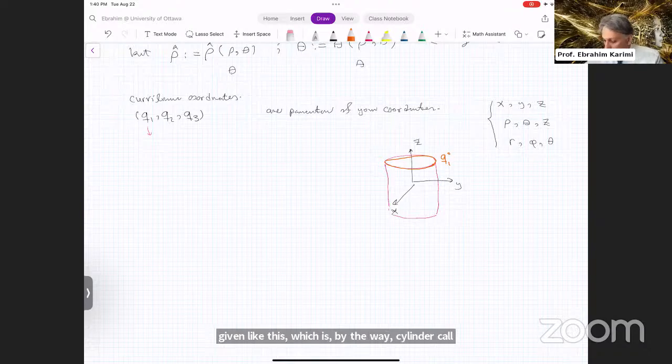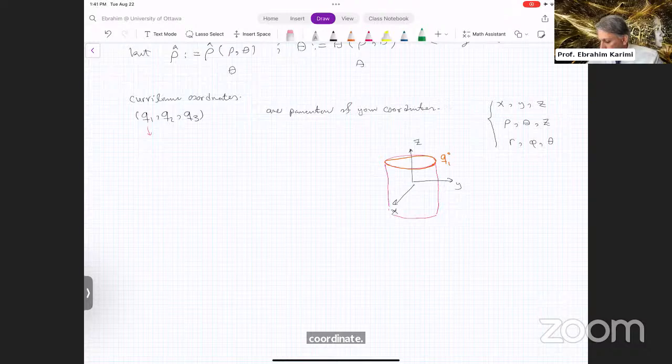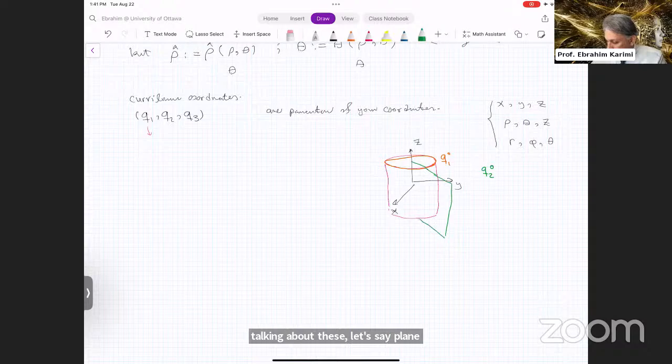When we talk about Q2 constant, then I'm talking about this plane, which means that I have the specific point in space, and the angle with this one I call theta.